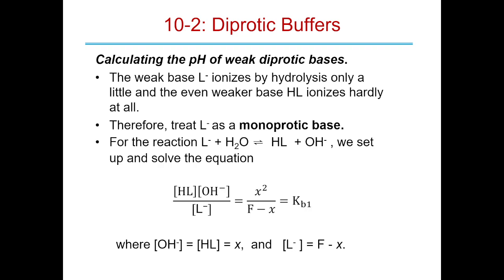And remember again, that's because there's usually a factor of like 1,000,000 between one ionizing and the other ionizing, right? Even the ones that are the closest together are typically factors of 1,000. So you'd have 1,000 times the L minus as you would the HL. Okay? There's quite a bit of difference between them.